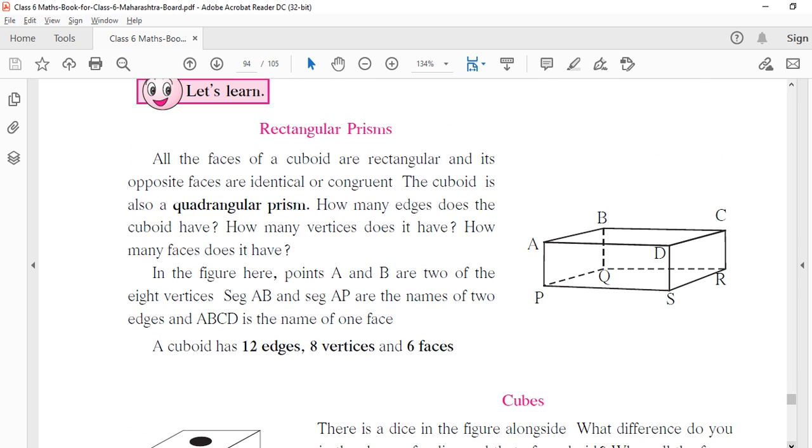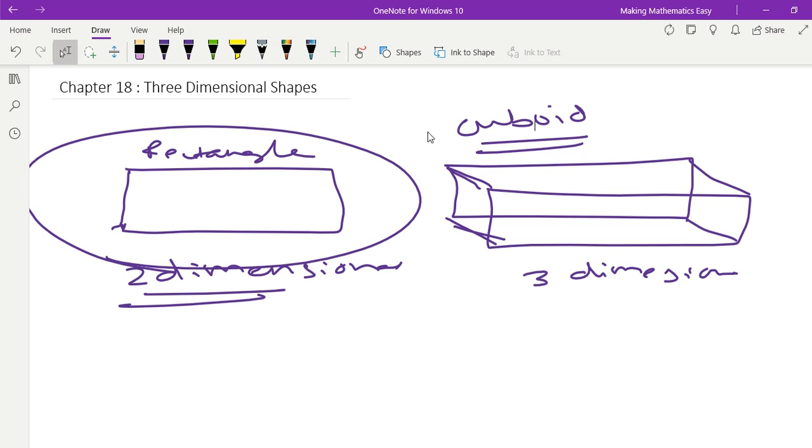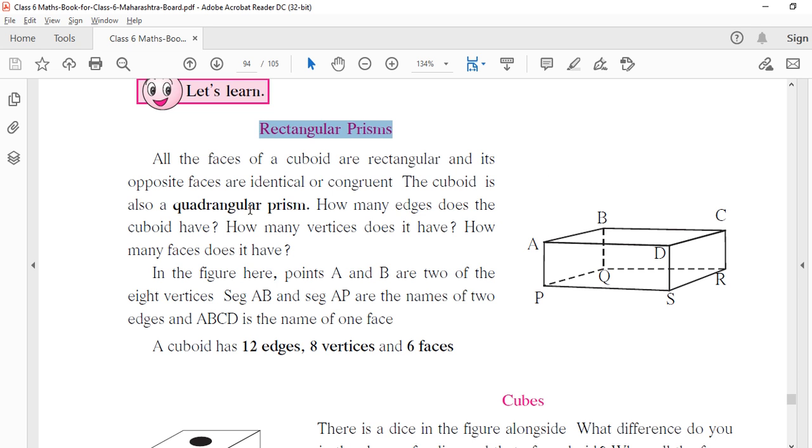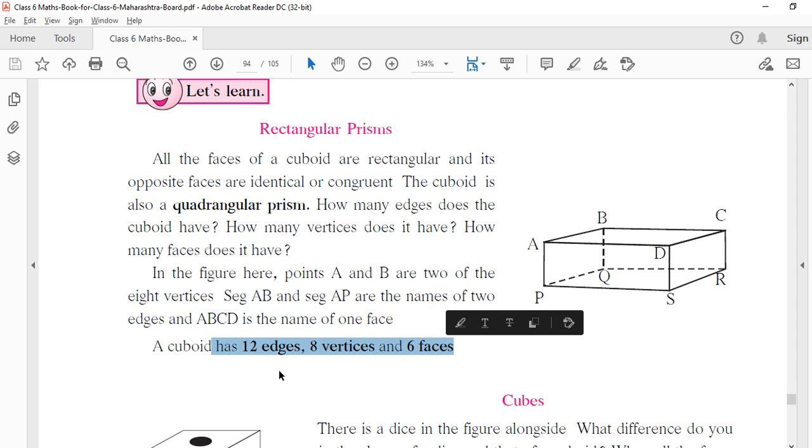Now let us understand a few other things about the cuboid. In the case of a rectangle we have length and breadth, correct? In the case of a cuboid, you need to understand these three things: edges, vertices and faces.